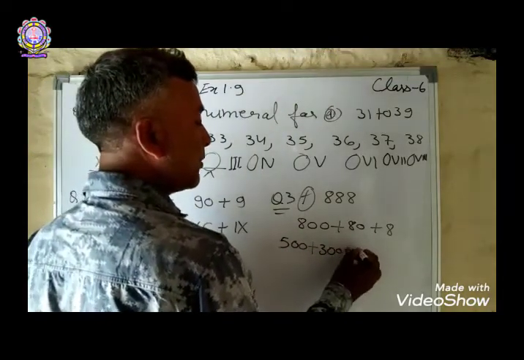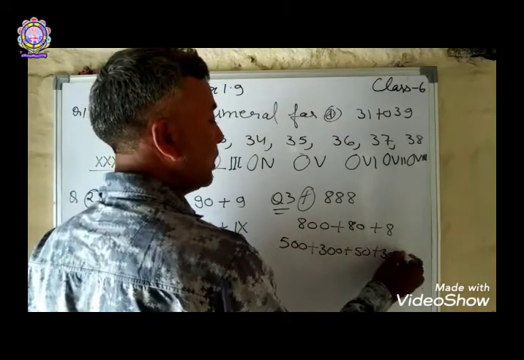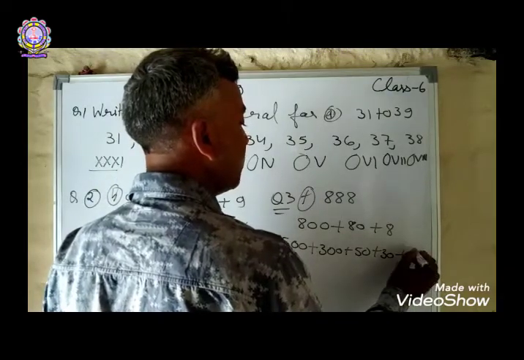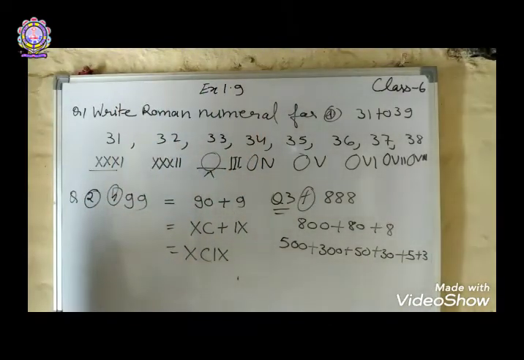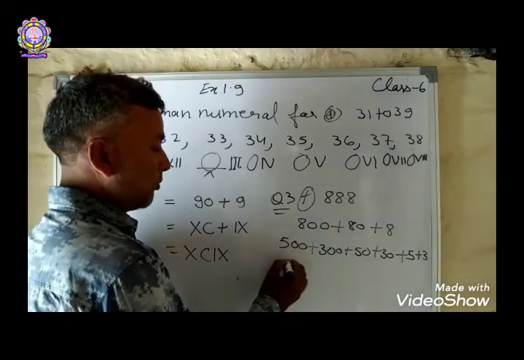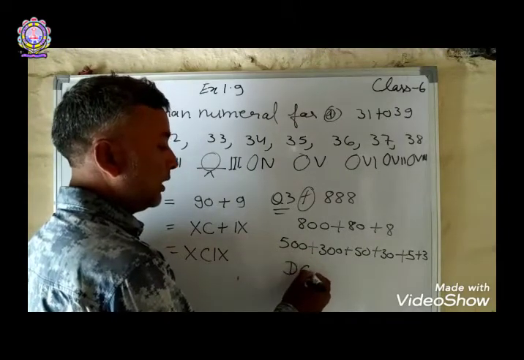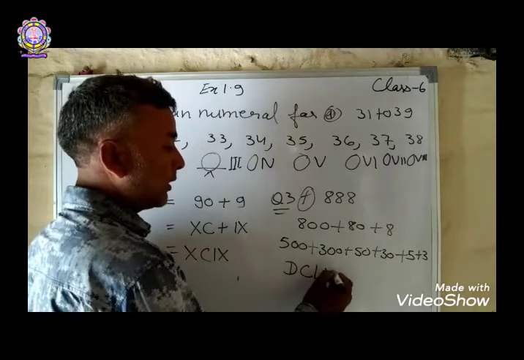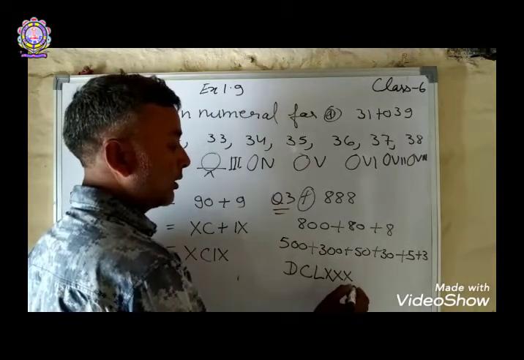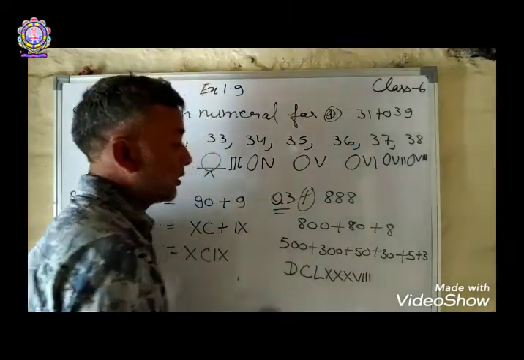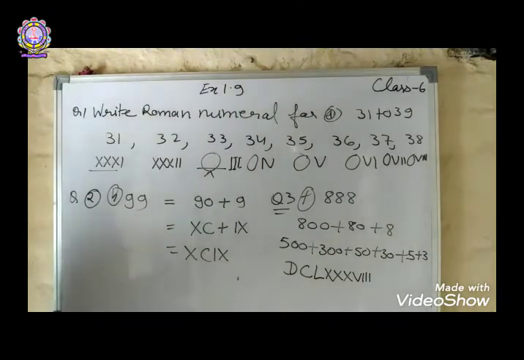How do we write 80? 50 plus 30. And how do we write 8? That is 5 plus 3. We break them into Roman numeral values. So D, C, C, C, L, X, X, X, V, I, I, I. So this is 888.